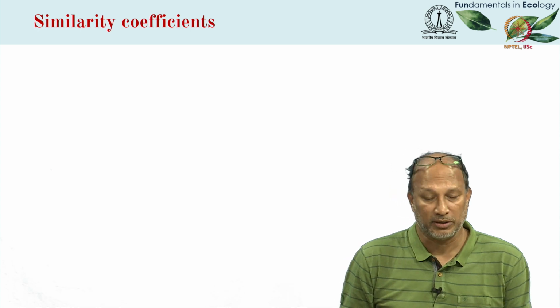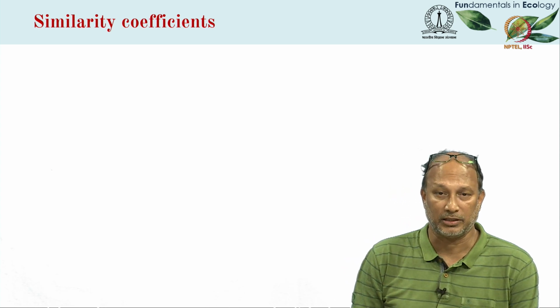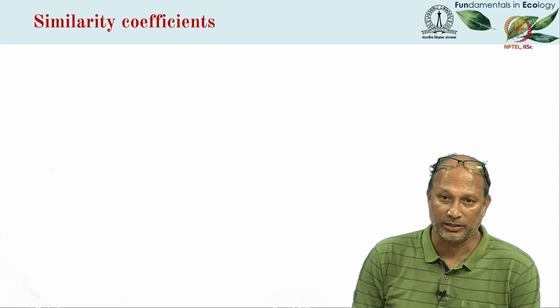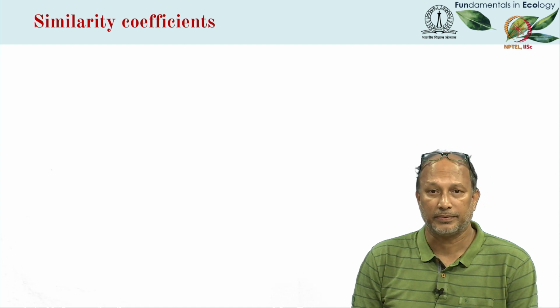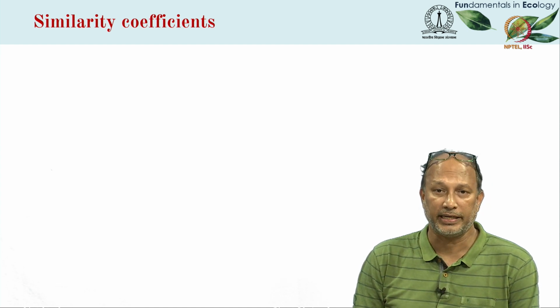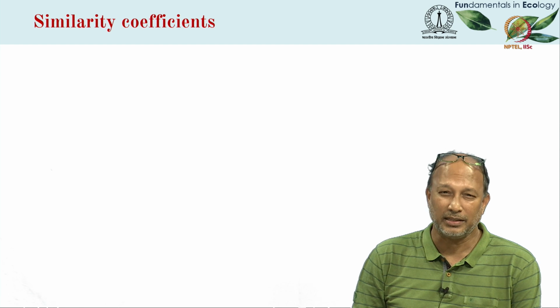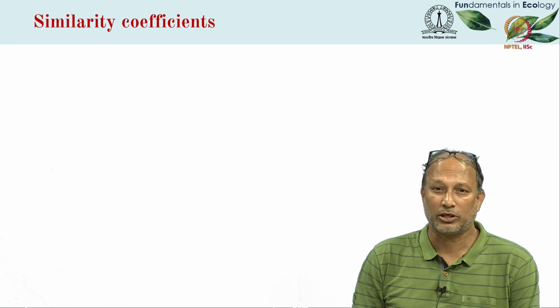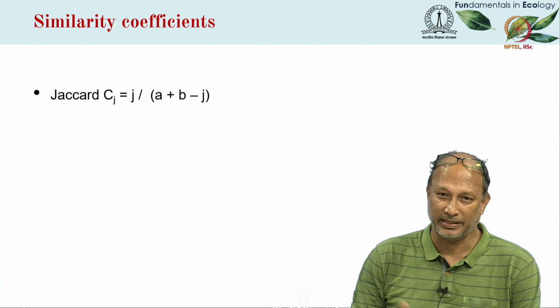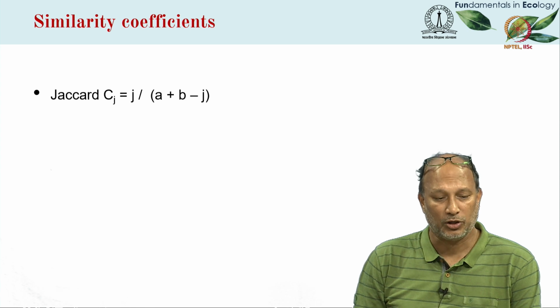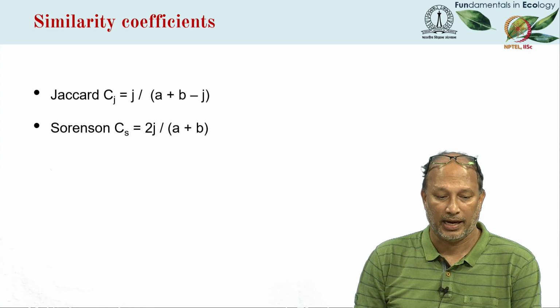We widely use a number of similarity coefficients when addressing these questions, and this relates closely to the underlying ecological questions about what drives these patterns in nature. Some of the common ones are Jaccard's index and Sorensen's.